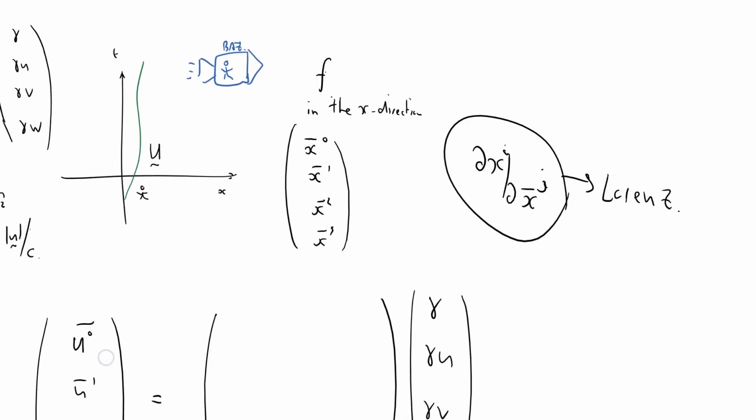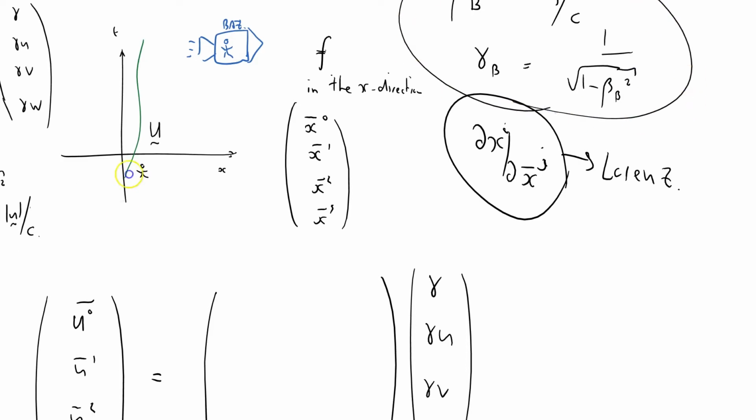So let's just say he's going with speed F. So I'm going to define beta b, for Baz, equals F, because that's his speed, divided by the speed of light, and gamma b is going to be equal to 1 over root 1 minus beta b squared. So that's his Lorentz transformation.